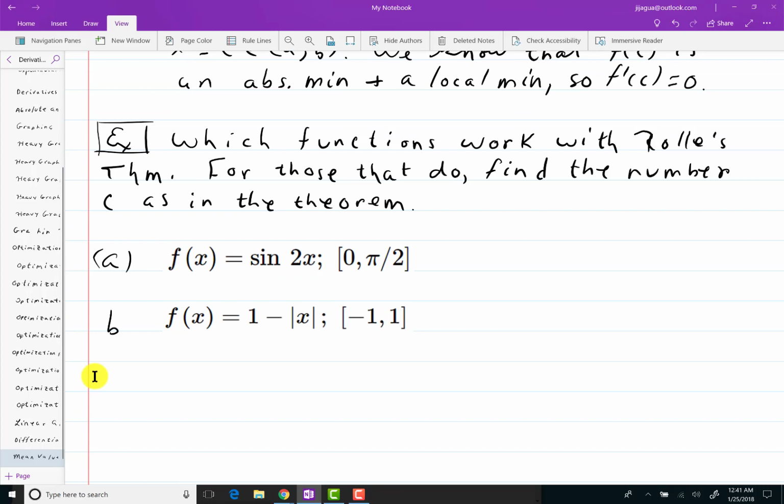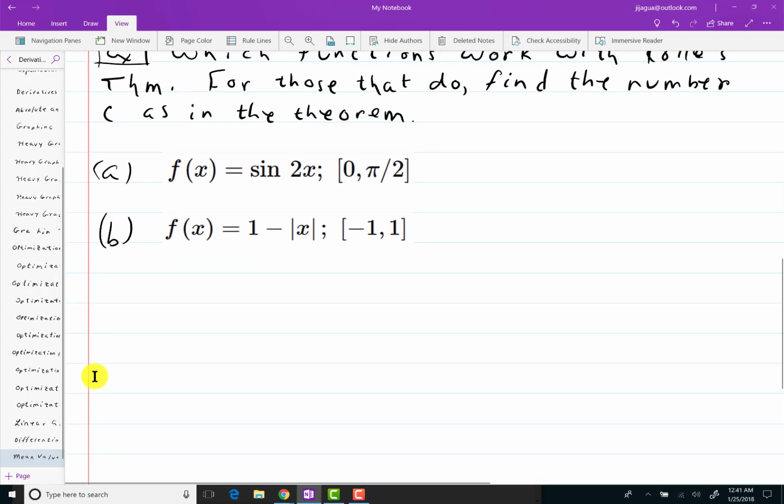Alright, here's A and B. Let's start with the first one. Sine is differentiable everywhere, so it's going to be differentiable on any interval you give it. So it's going to be differentiable, it's going to be continuous, it's going to be everything. So this function will work. And the second one, we know that the absolute value has a sharp point at x equal to 0, which is inside of here, so this function is not differentiable on the open interval -1 to 1.